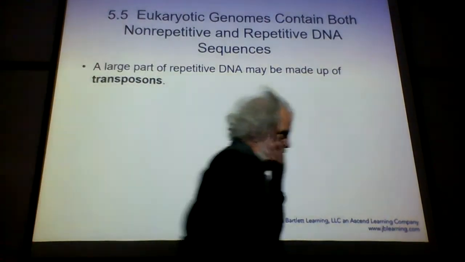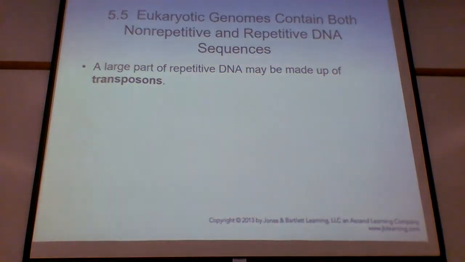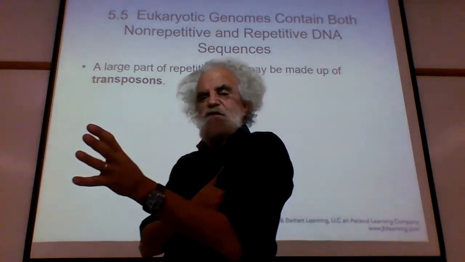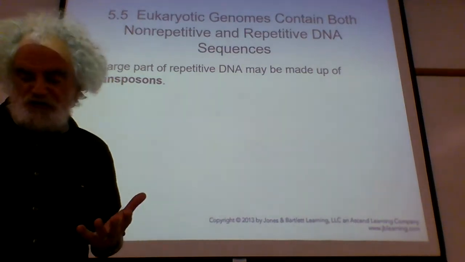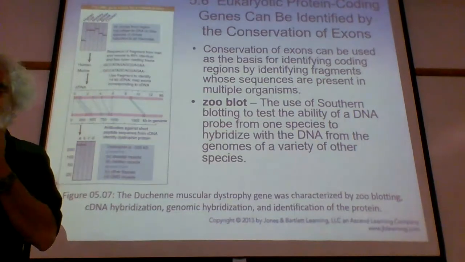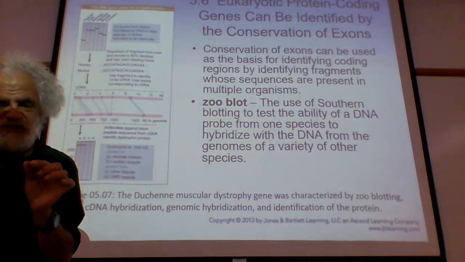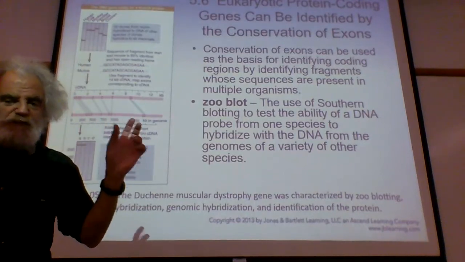Now, a large part of this repetitive sequence is what we've said is being fairly small sequences. It's made up of what are known as transposons. These are small DNA sequences that over evolutionary time have been jumping around.